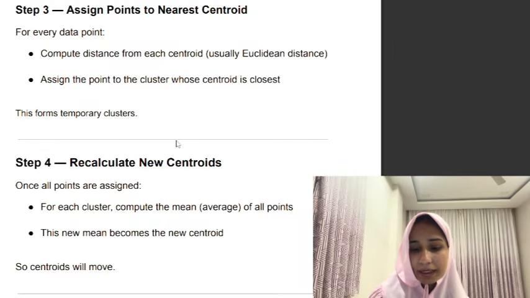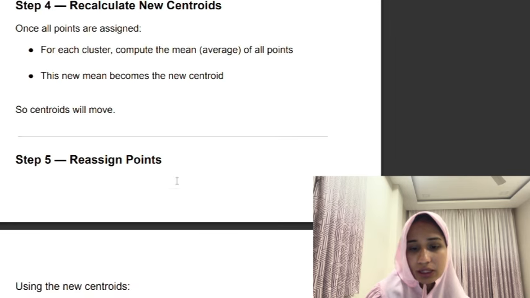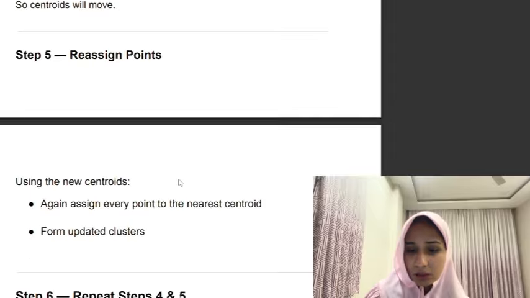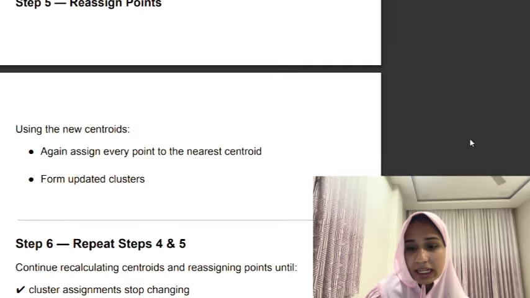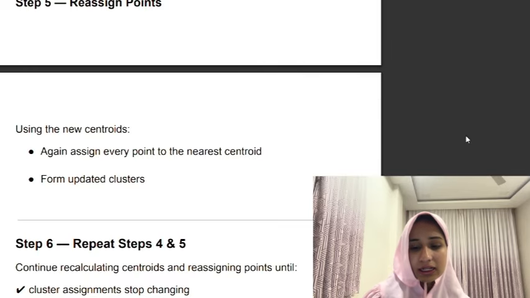This forms temporary clusters. Once all points are assigned, for each cluster compute the mean or average of all points, and this new mean becomes the new centroid. So centroids will move. Reassign points. Using the new centroids, again assign every point to the nearest centroid and form the updated clusters.